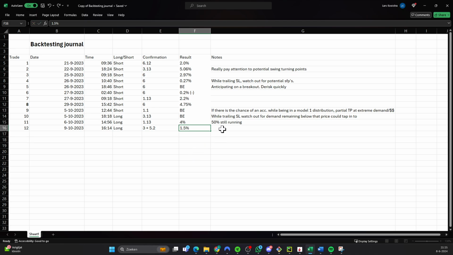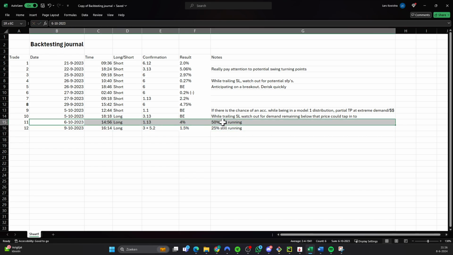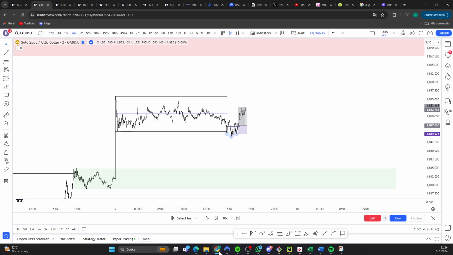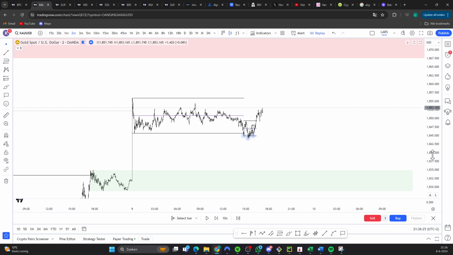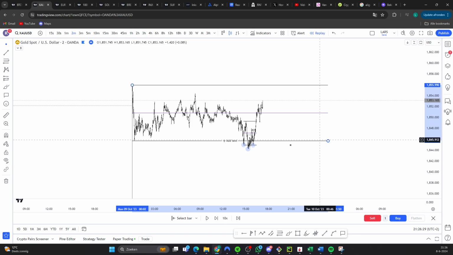We have 1%, and then 25% still running. Mind you, these are still running. These are printing. Absolutely printing. Great. I'll exit if we take the range high with a structure change back to bearish.